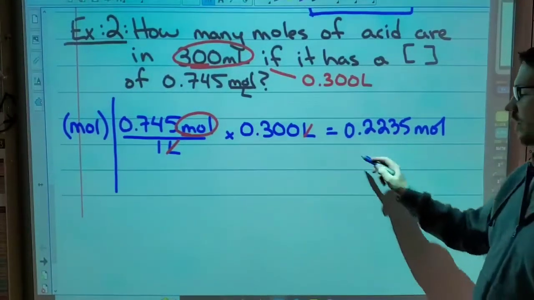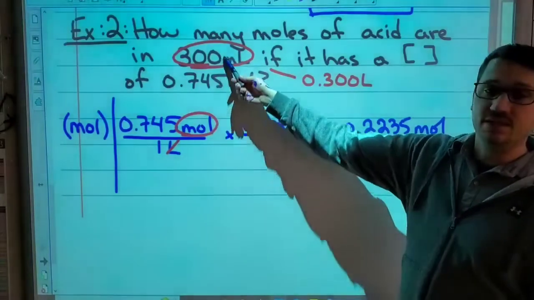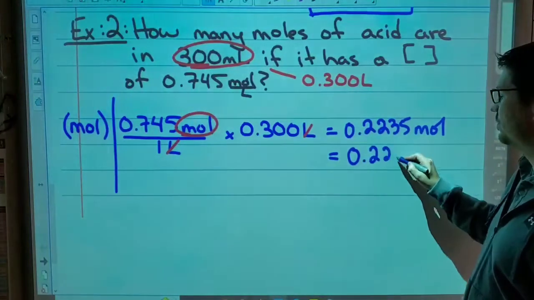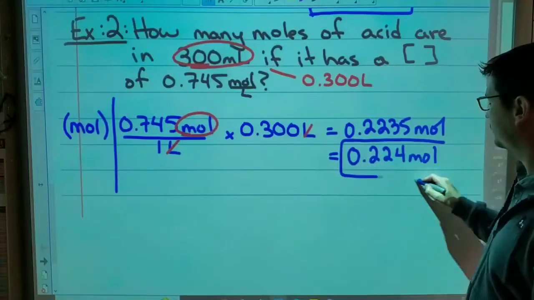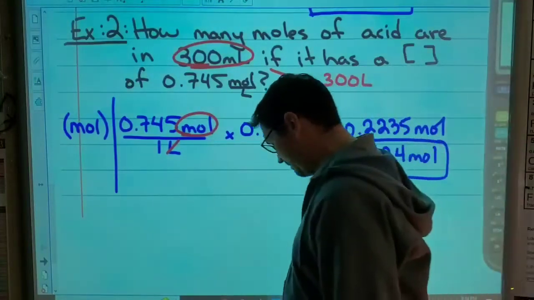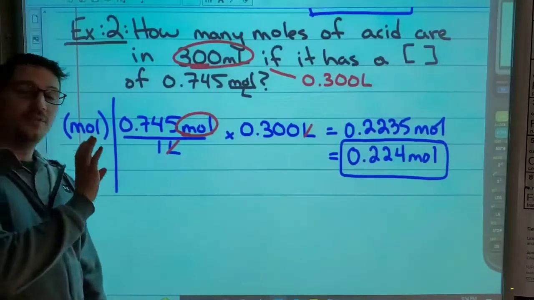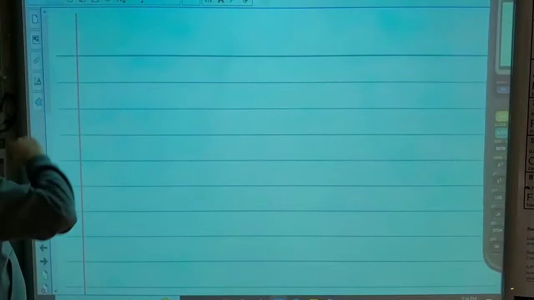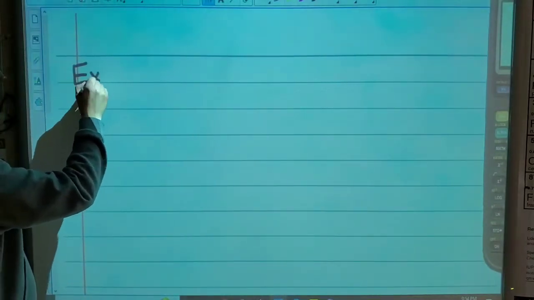If we are done the question, then we have to round to 3 significant digits. So we would round to 0.224 moles. Perfect. So hopefully this is helping, kind of a little bit of a blast from the past. I totally get it. It's understandable if it's kind of a little slow for some people.